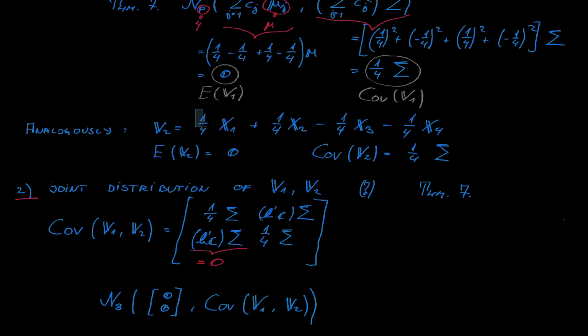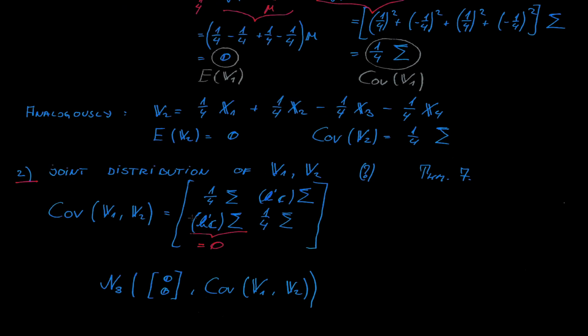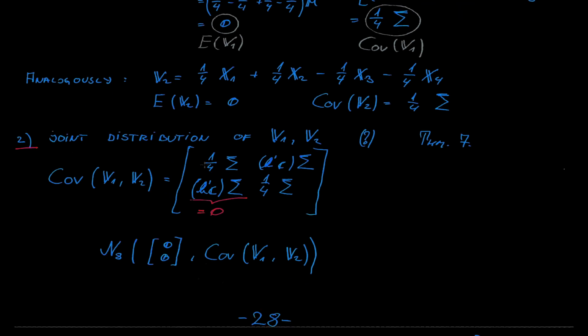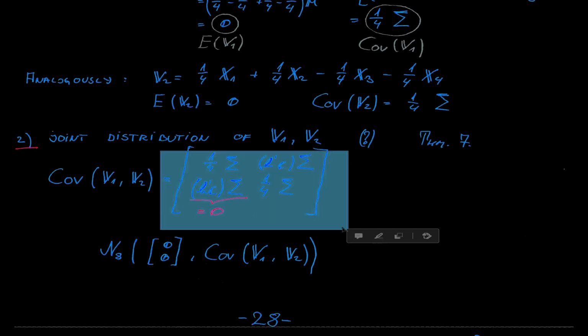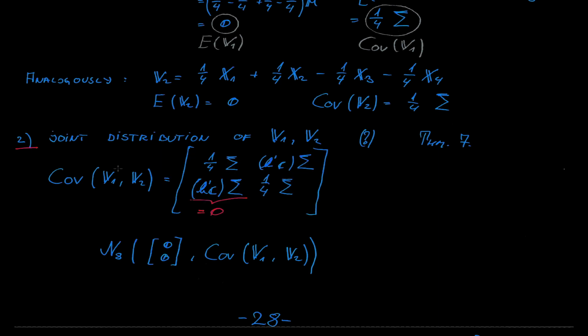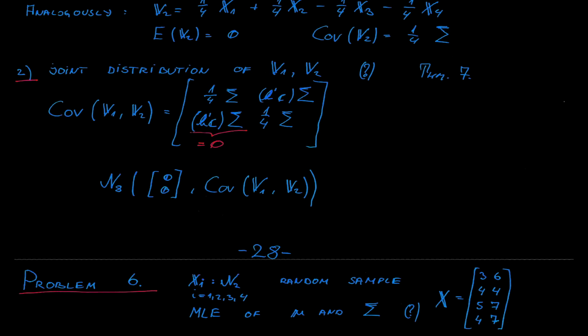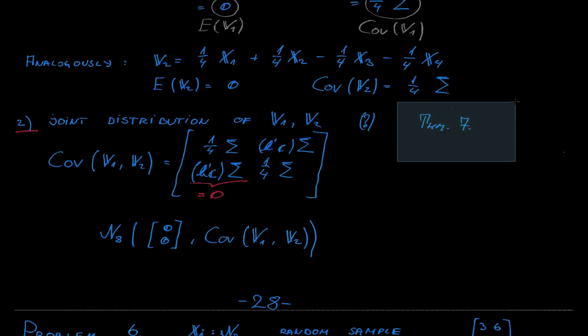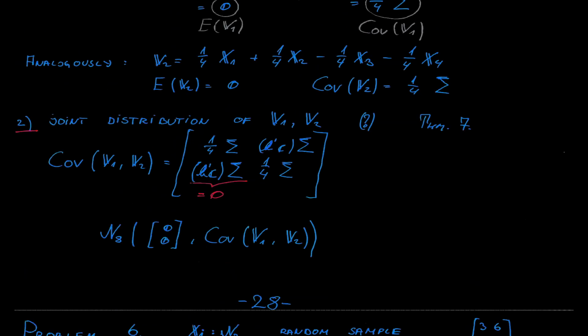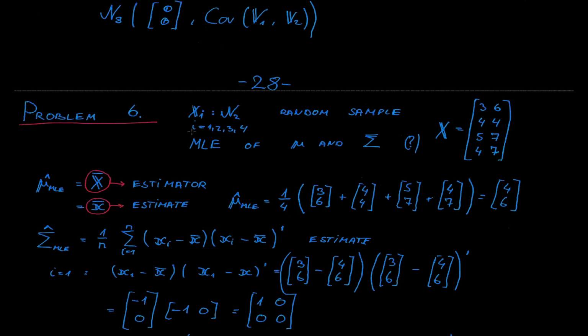So when we multiply this with this plus this with this, etc., we get 0. And our covariance matrix looks like this. What does it mean for this one to be 0? Well, it means that they are independent. So v1 and v2 are independent, also by this theorem. So use of theorem 7 is easy.